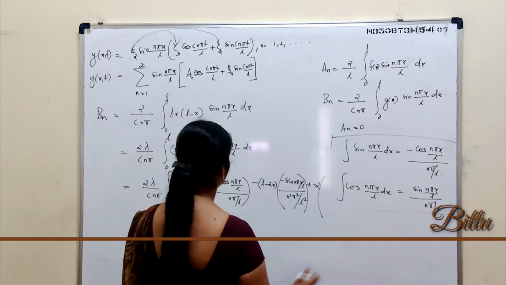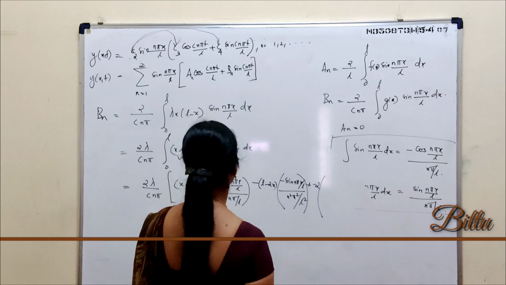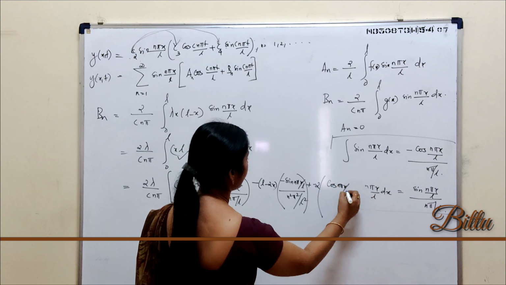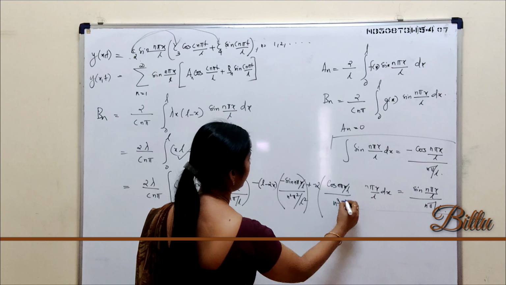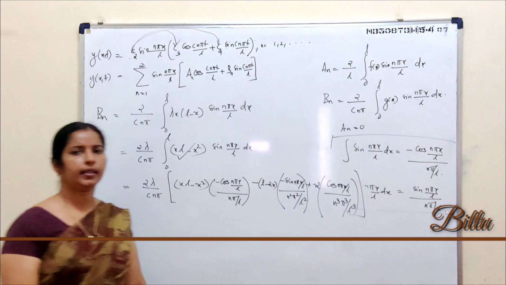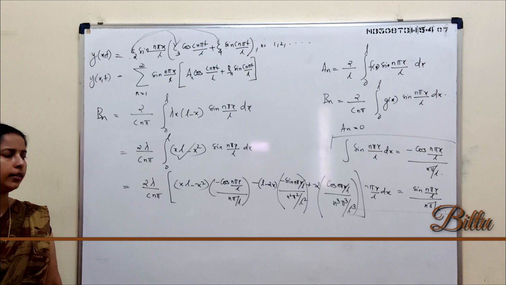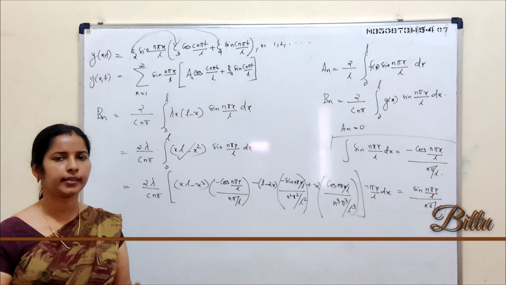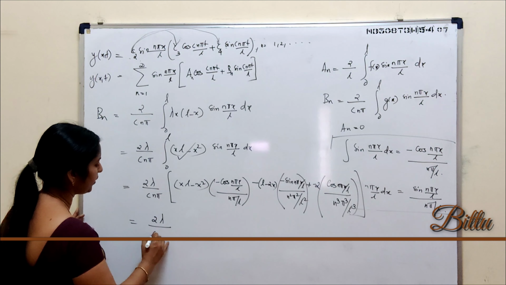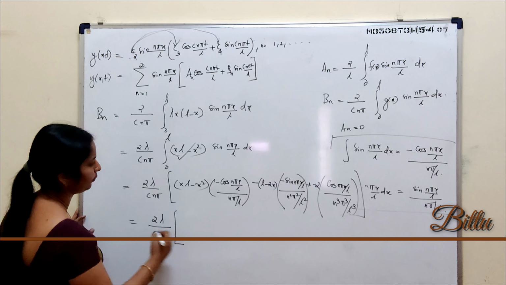Here it is cos(n pi x by L) by n cube pi cube by L cube. See, now integration is over. Next we have to simplify the signs. That is 2 lambda by c n pi into.